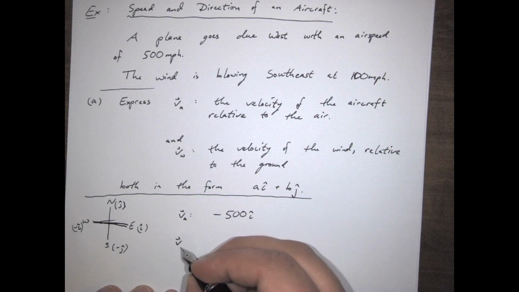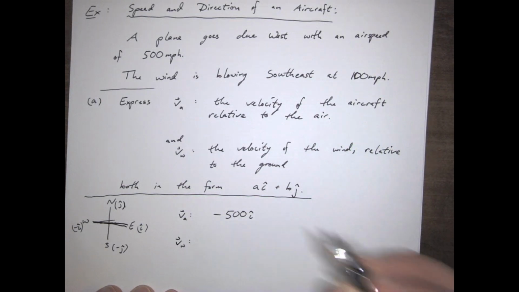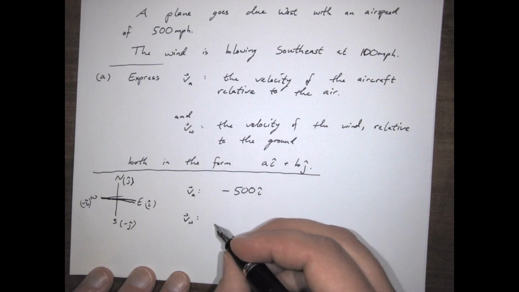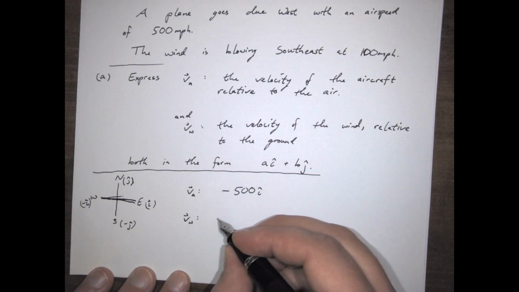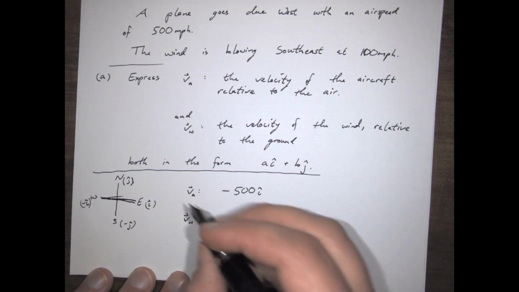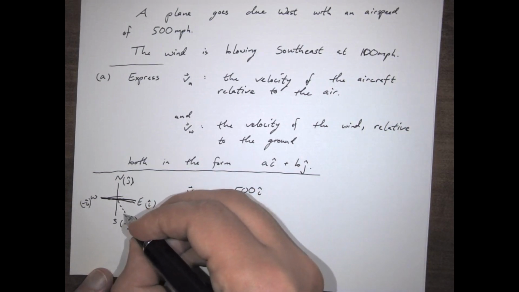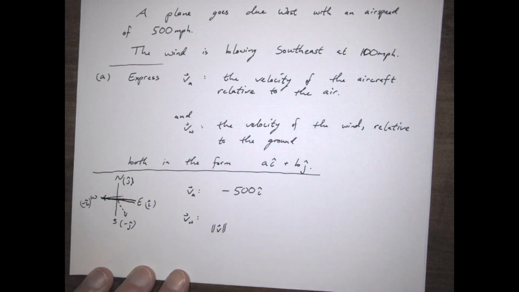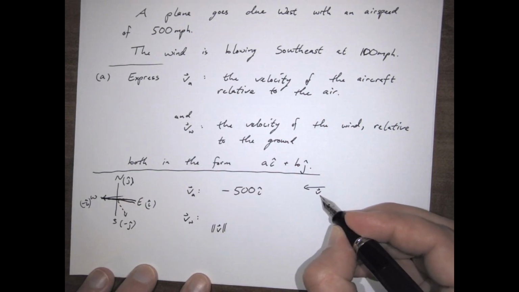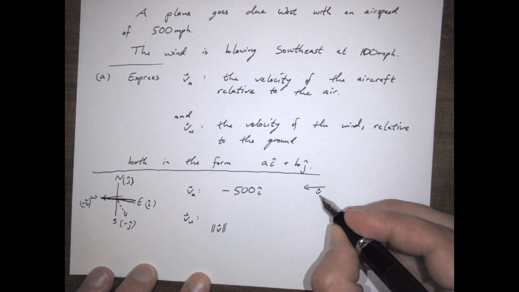As for the VW though, that one we have to work for a little bit. What we know is the magnitude of it. The problem with the VW is that it's going at an angle.